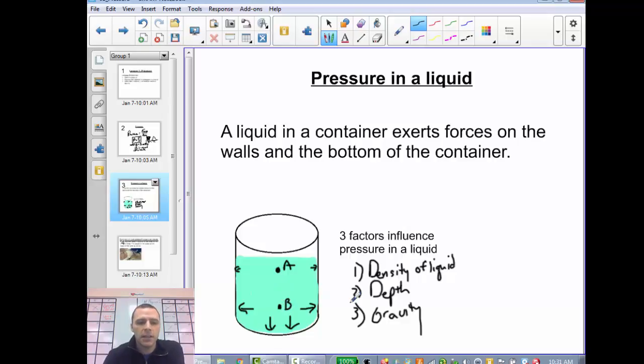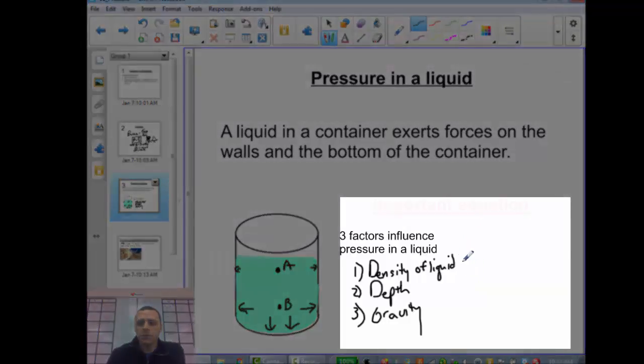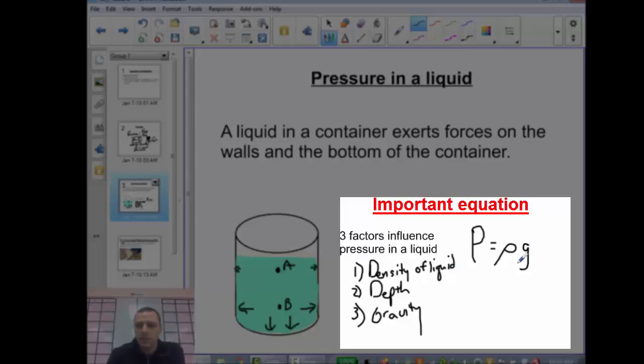We can calculate this pressure in a liquid by using this equation. Pressure equals rho, which is a symbol that is used for density, times g, that's the acceleration due to gravity, typically 9.8 on Earth, times h being the depth or height of the liquid that you're dealing with.